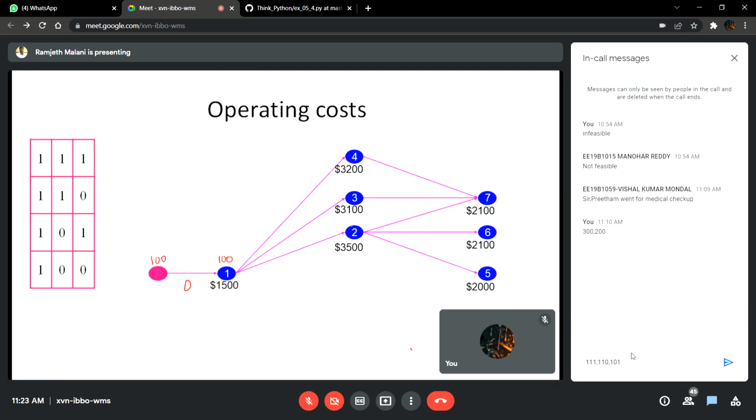What is the binary representation for state 2 as per the problem? 101. 101 is state 2, right?